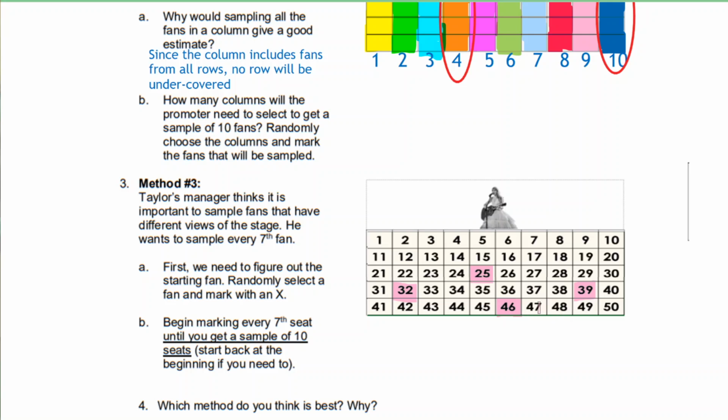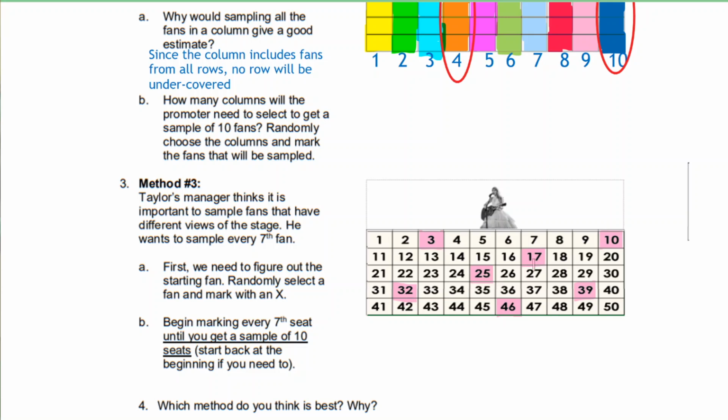So 1, 2, 3, 4. We'll go back to number 1. 5, 6, 7. So that lands us at seat number 3. 3 plus 7 is 10. 10 plus 7 is 17. And then now we should count and see how many we have. We've got 1, 2, 3, 4, 5, 6, 7.